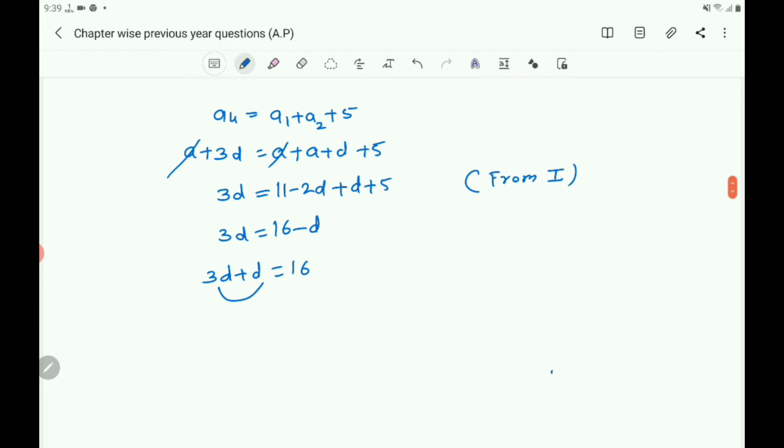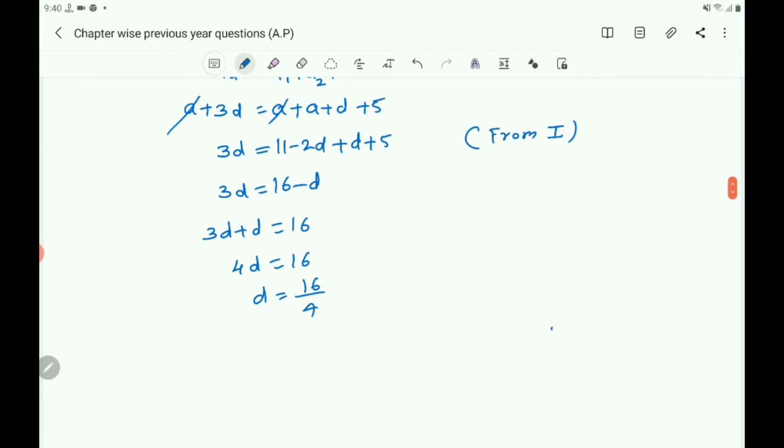So 4D equals 16, D equals 16 by 4. So D equals 4.